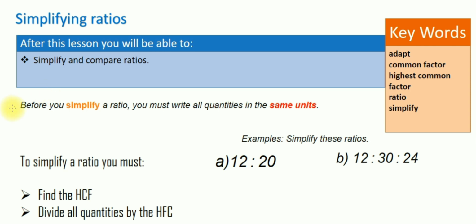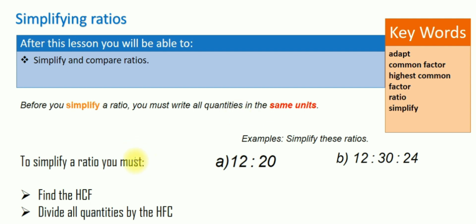So, ratios basically give us a relation between two or more quantities. To simplify a ratio is very simple, but before that you need to make sure that all the quantities are in the same units, right?